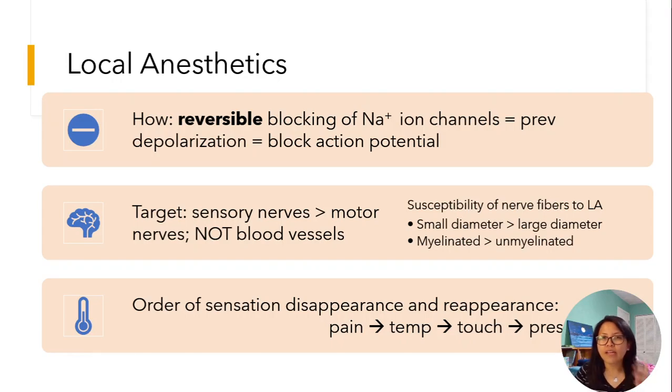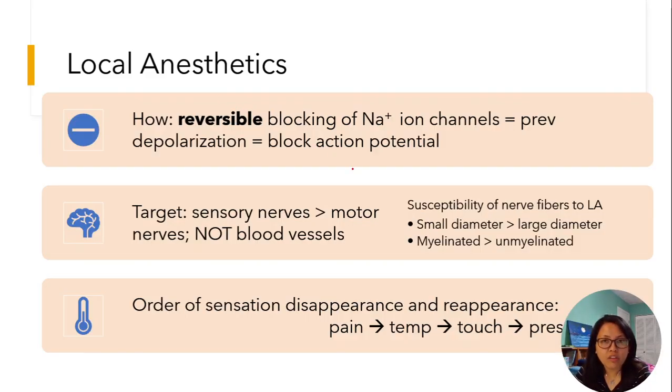Now, how do local anesthetics work? We know that local anesthetics work by reversibly blocking sodium ion channels and so preventing depolarization of nerves, which also means blocking of action potential.